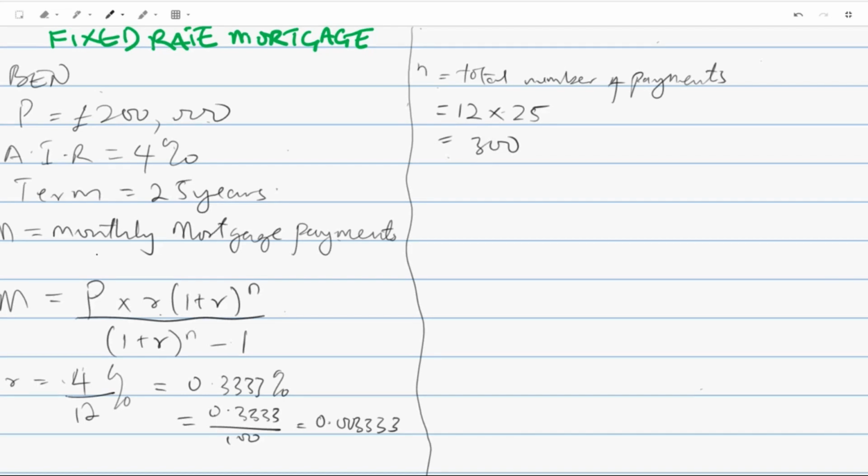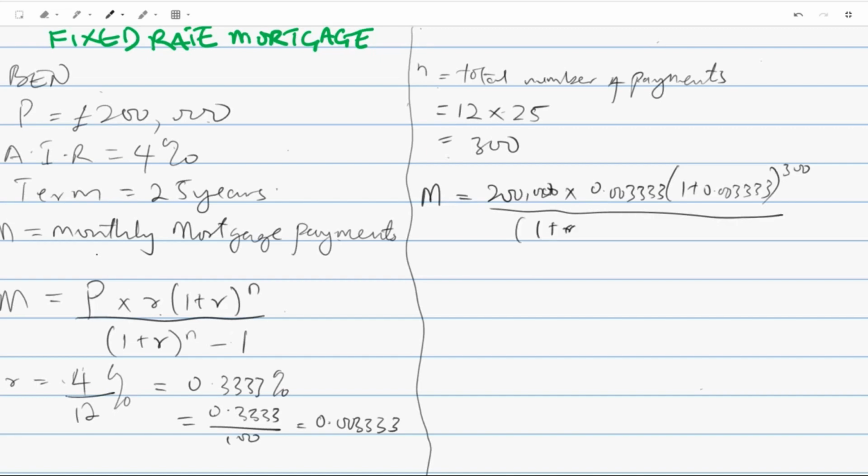So if we put all these figures into the parameters, what we'll have is 200,000 times 0.003333, (1 plus 0.003333). Let's not forget the 300 at the top there. Over, we've got (1 plus 0.003333) to the power of 300, minus 1.